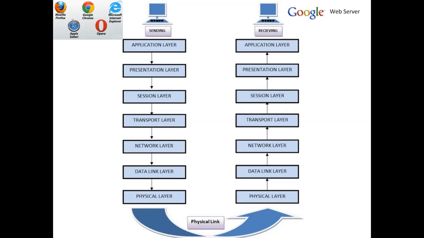We have seen FTP uses TCP port number 21, telnet uses 23, DNS uses 53, HTTP uses port 80, and SMTP uses port number 25. Such different applications are using different types of transport layer port addresses.